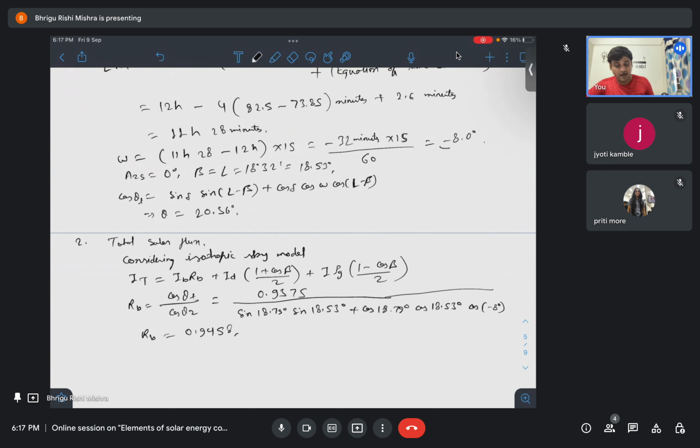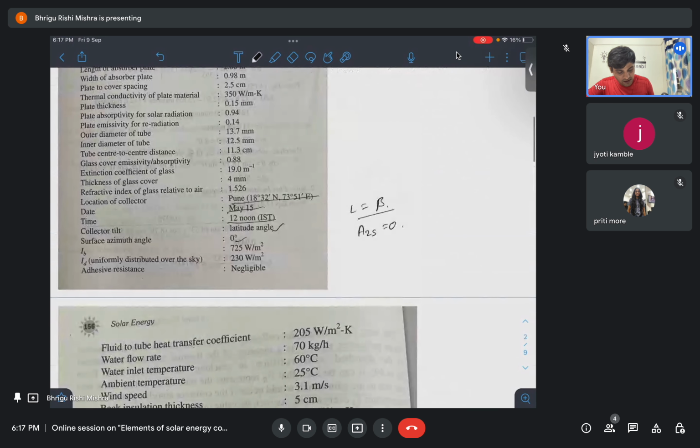0.9458. Okay, and from the data, IB is given as 725 watt per meter square, ID is 230 watt per meter square, and the reflectivity of the surrounding surface, rho g, is 0.2. So we have all the values.